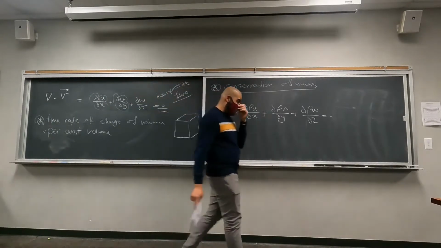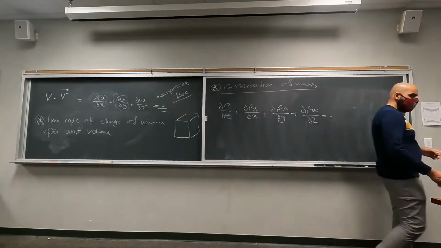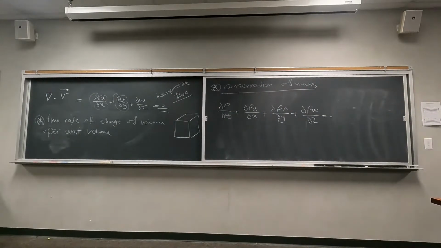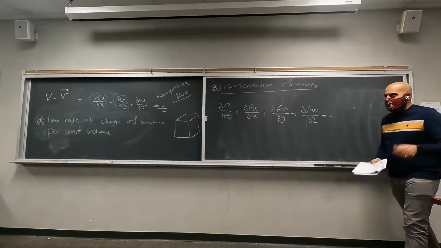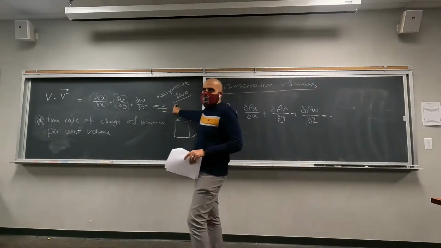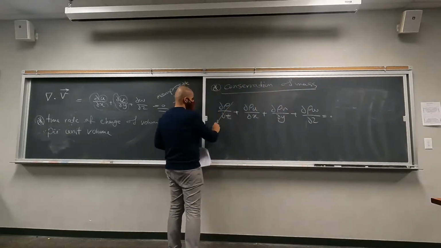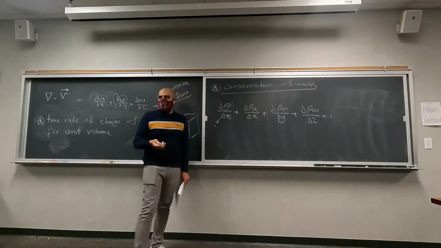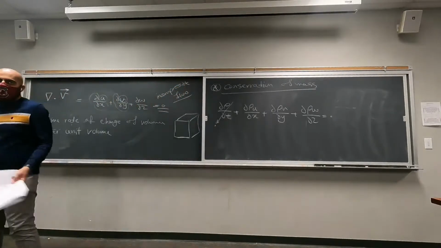Okay, let's say we are dealing with an incompressible flow. How can we simplify this equation a little? This is the general form of the equation. Density in an incompressible flow does not change, right? So this term will go to 0. It doesn't really matter if you are in the steady state condition or transient.